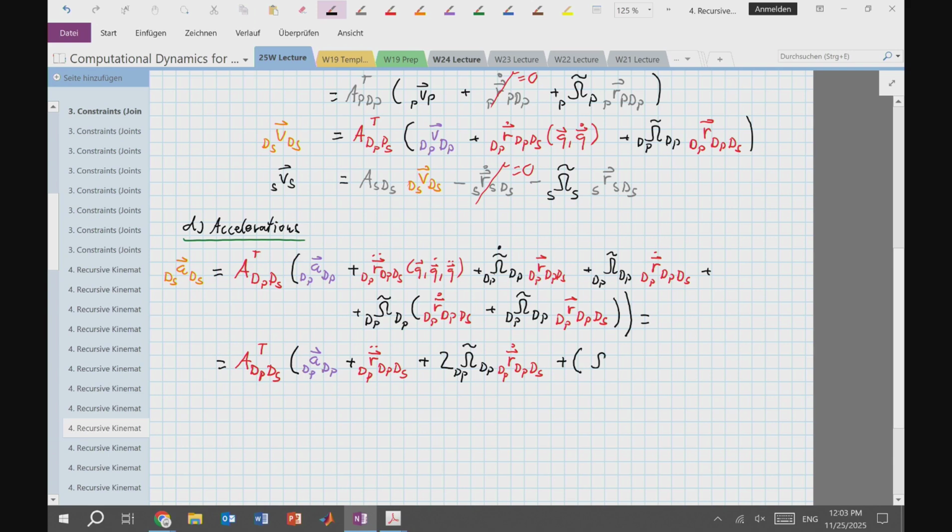So here I get omega dot of the dp system plus omega tilde dot, and now omega tilde squared dp, and that gets multiplied with r dp ds. Again, in dp coordinates, close the brackets.